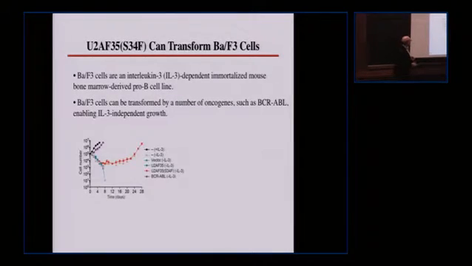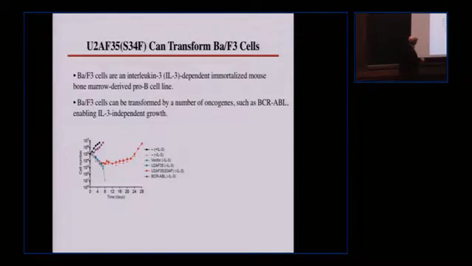So this is what one of our typical experiments looks like. If you take BaF3 parental cells, or cells where you ectopically express wild-type U2AF, and you withdraw IL-3, all the cells die, you see no cell recovery. If you introduce the BCR-ABL oncogene, you very quickly find IL-3 independent proliferation.